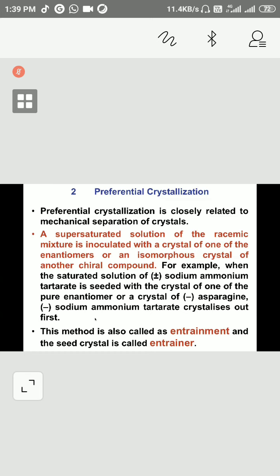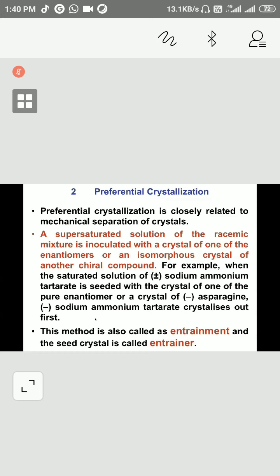For example, if plus-minus sodium ammonium tartrate is seeded with a crystal of one of the pure enantiomers, minus or plus, then if you add minus, minus will crystallize first. If you add plus in that solution, plus will crystallize first.